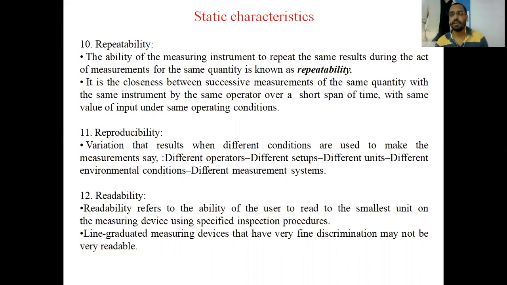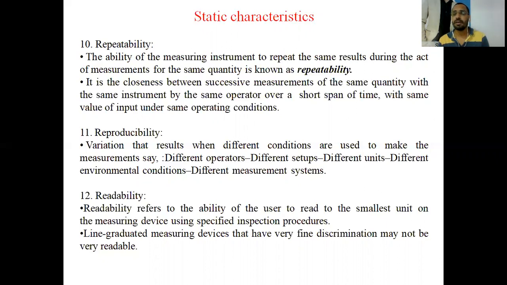Next is readability. Readability means to read something. We can say that readability refers to the ability of the user to read the smallest unit on the measuring device using a specific inspection procedure. For example, if you are reading a length with a scale having fine graduation lines, each line very close to the others, it is very difficult to read with the naked eye. You have to use a microscope or magnifying glass to read that value.